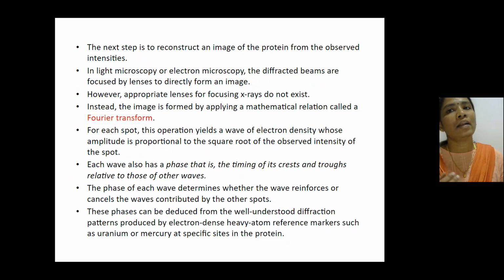So one thing you can do is place a heavy atom like uranium or mercury, that is, make the protein bind to a particular heavy atom. If you know the position where it binds to your protein, then you can use it as an indicator to understand the phase of each wave in the pattern.